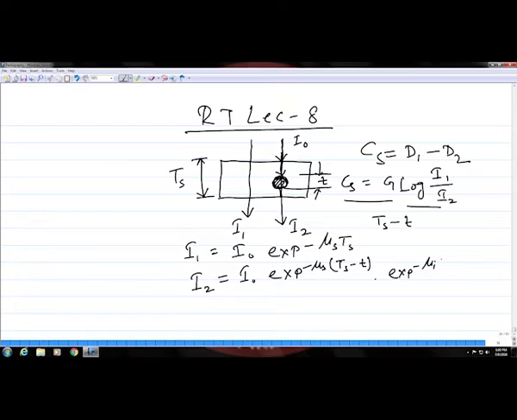For the inclusion, let us say the absorption coefficient is mu i, so this will be mu i t for the inclusion. Now, if you simply take this I1 and I2, because that is what we need to get the contrast.